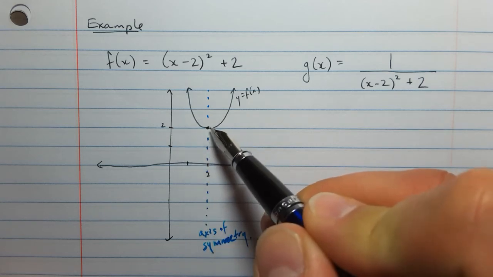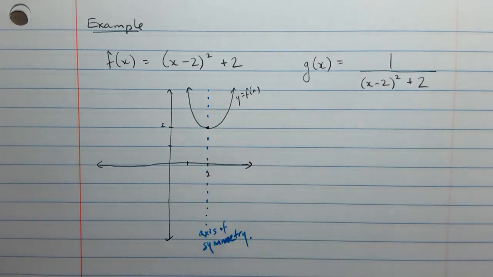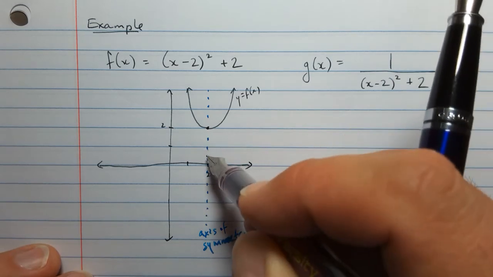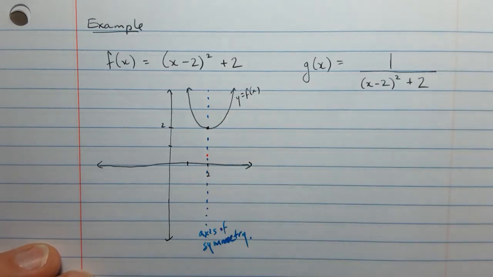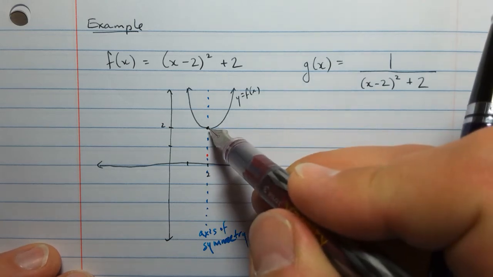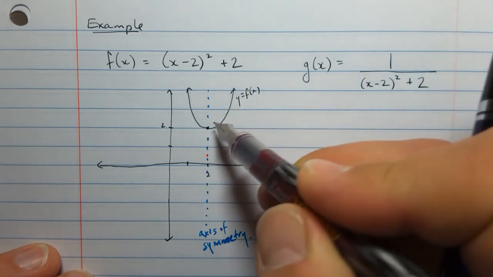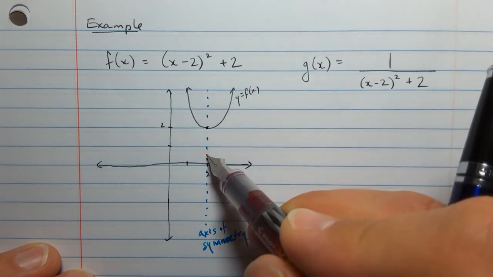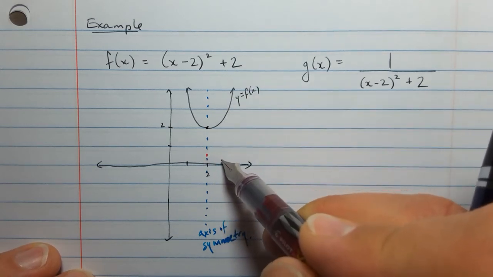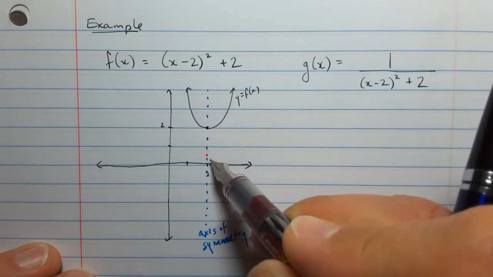The reciprocal of that y value positive 2 is the y value positive 1/2, which is right there. Now from there, this curve moves up, so the numbers get bigger, 3, 4, 5, and so the fractions down here are going to be 1/3, 1/4, 1/5, and so on. They get smaller.